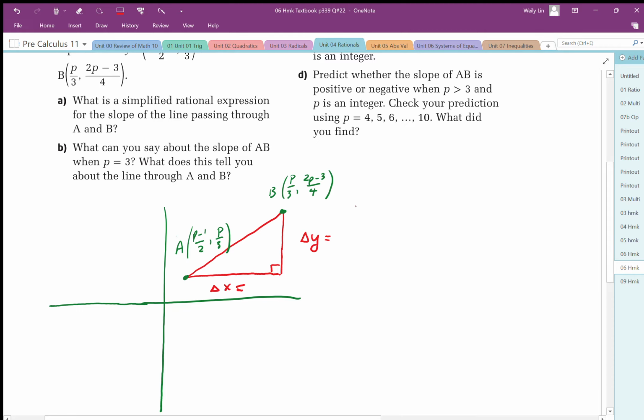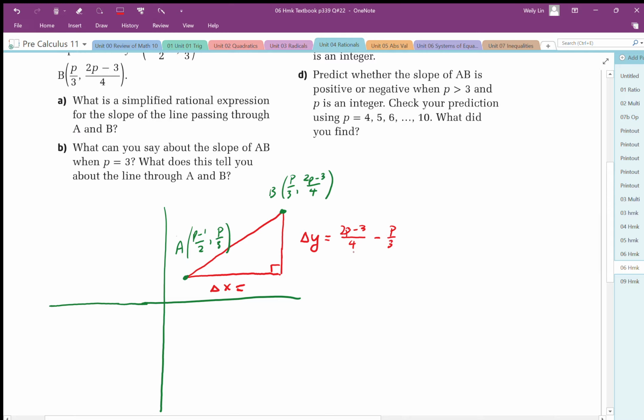To find the rise, I subtract the two y coordinates. So I'm going to end up with (2p minus 3)/4 minus p/3.